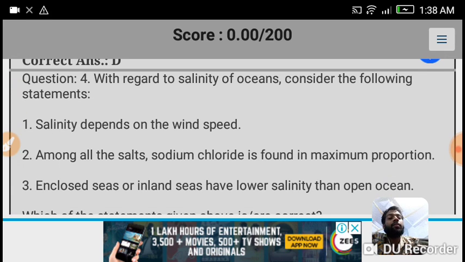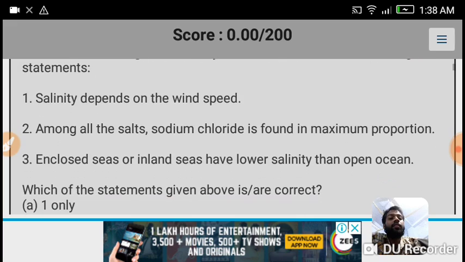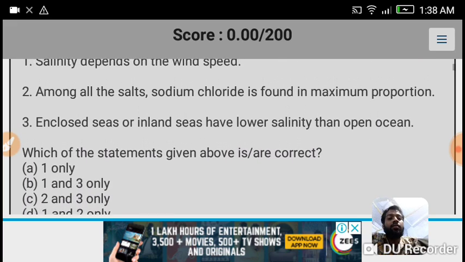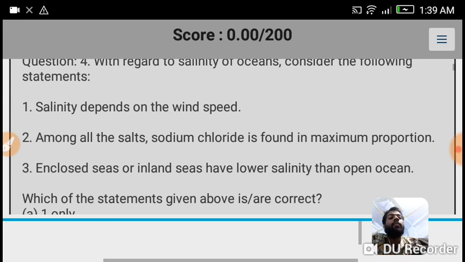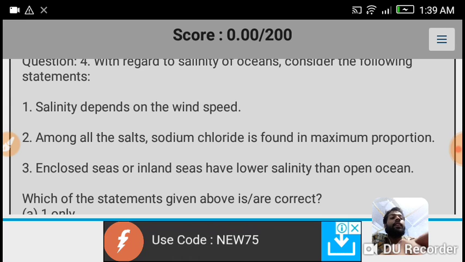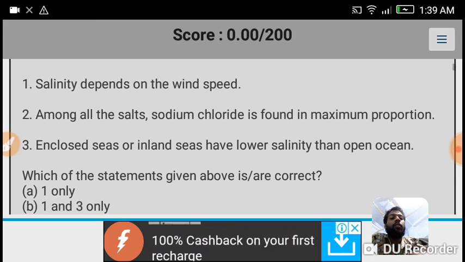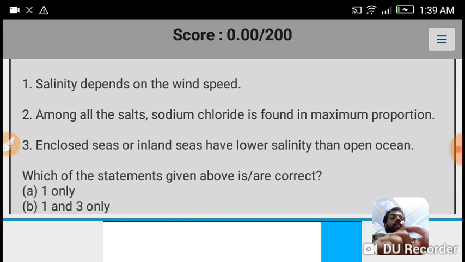With regard to the salinity of the ocean, consider the following statements. Salinity depends on the wind speed. It is correct. And among the salts, sodium chloride is found in maximum proportion. So it is correct. So 1 and 2 are correct. And 3, enclosed seas or inland seas have lower salinity than open sea.